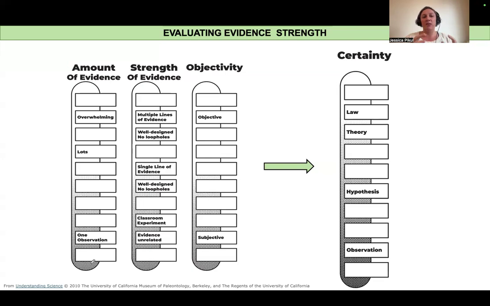Then there's the middle. And at the very worst, when we're looking at the amount of evidence, the weakest would be if we just had one single observation without being able to replicate that observation or demonstrate that we were able to do that.